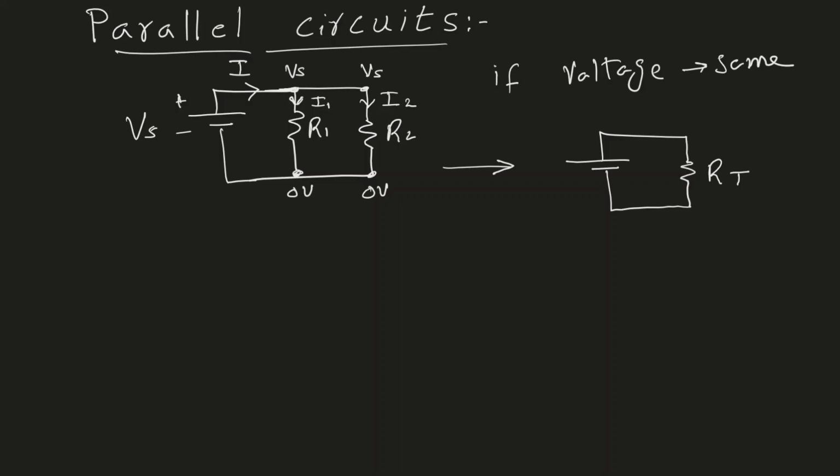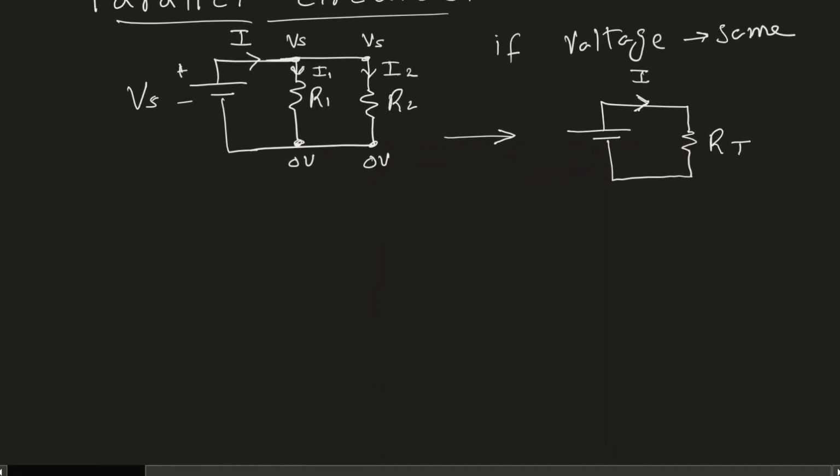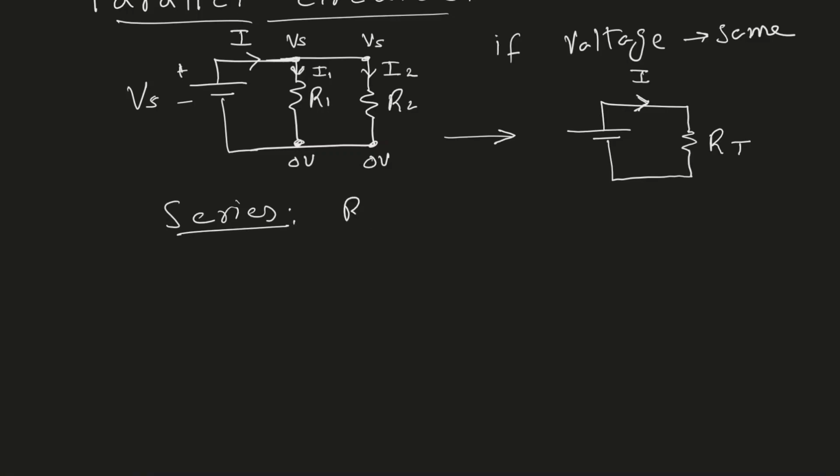So we want to find R total, and once we know R total, then we will be able to find the current I that the supply will be providing. Previously we saw that for two resistors connected in series, the total resistance was equal to the sum of the resistors connected in series. So that was for the series circuit. Now this parallel circuit is slightly different.